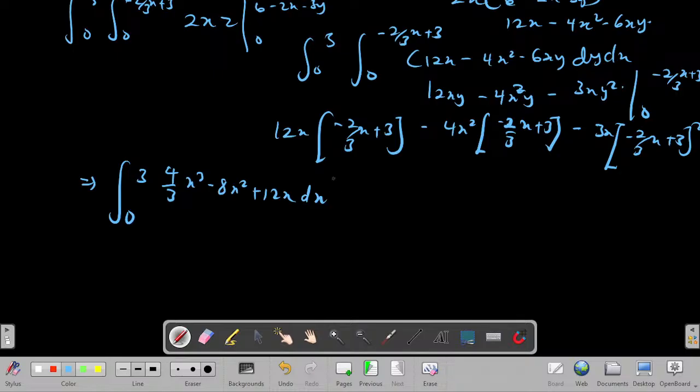Once you have dx, we go ahead and integrate. When I integrate x cubed, I'll have x to the power 4 divided by 4, which will give me 1 over 3 x to the power 4. Then minus 8 on 3 x cubed, then plus 6x squared from 0 to 3. When you put in your values, you're supposed to get the answer to be 9.